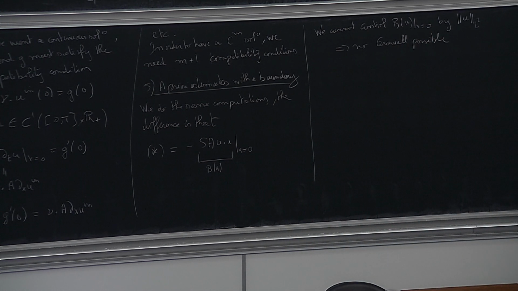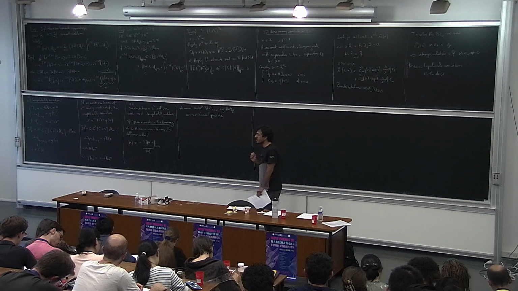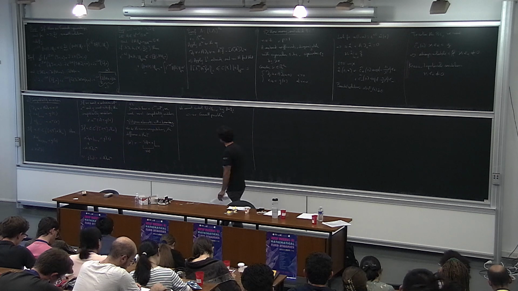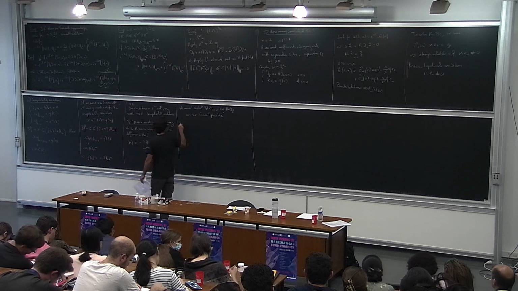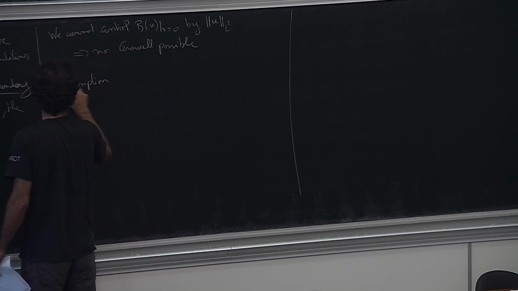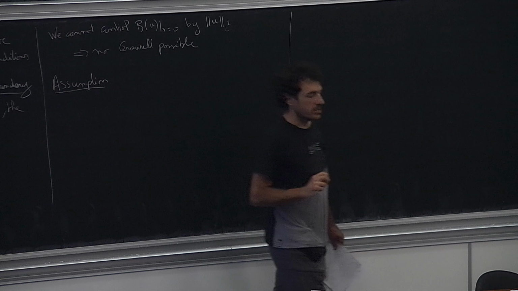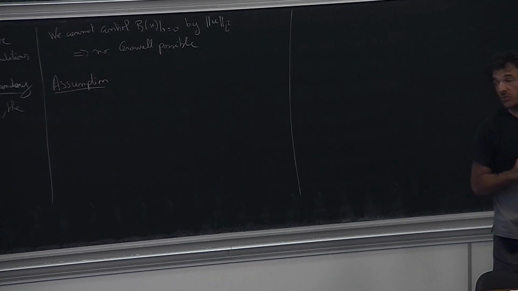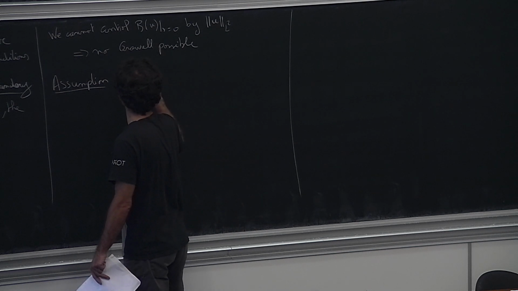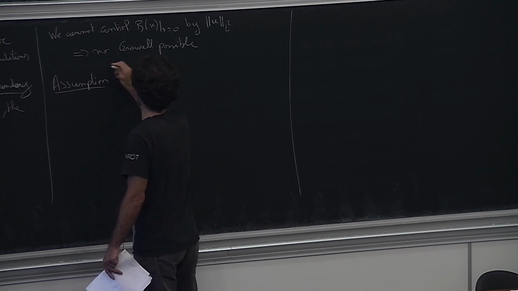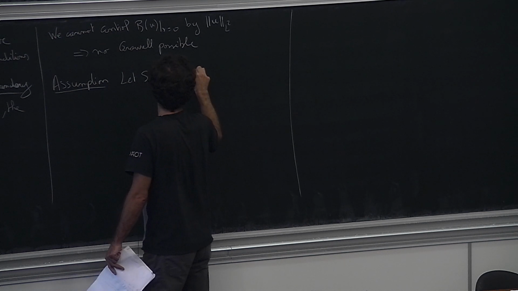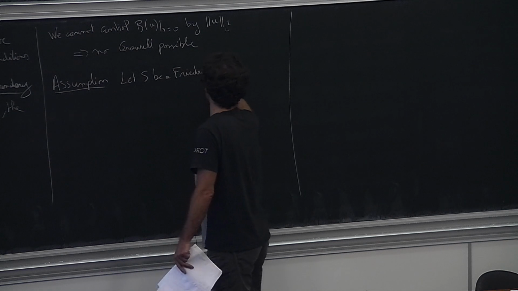Okay, but there is one situation where you can work, which is if you have another property of the symmetrizer, which is not only a Friedrichs symmetrizer, it is also what is called a Kreiss symmetrizer. Let S be a Friedrichs symmetrizer.